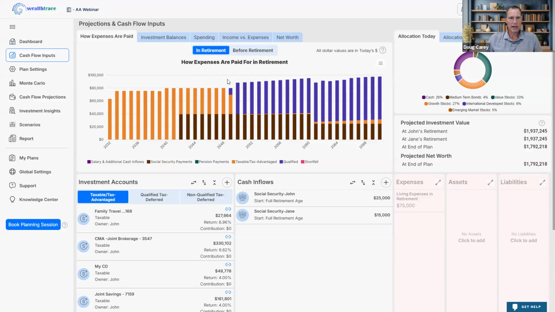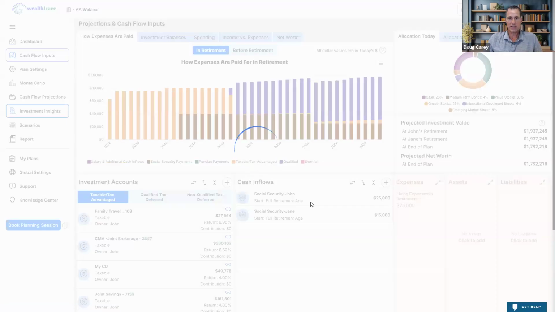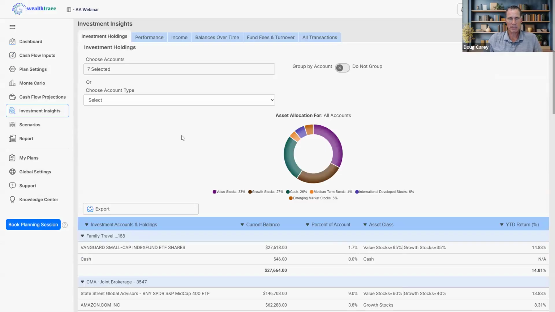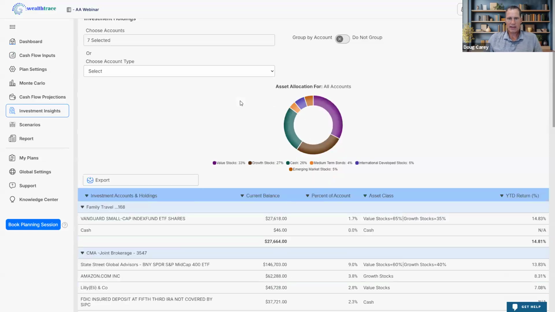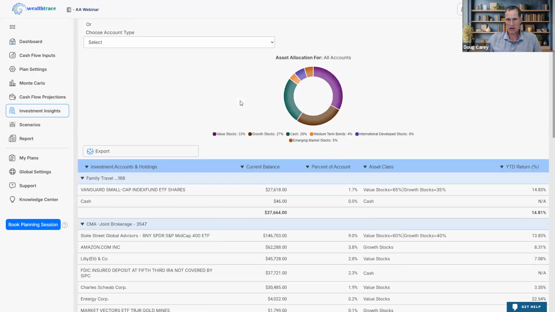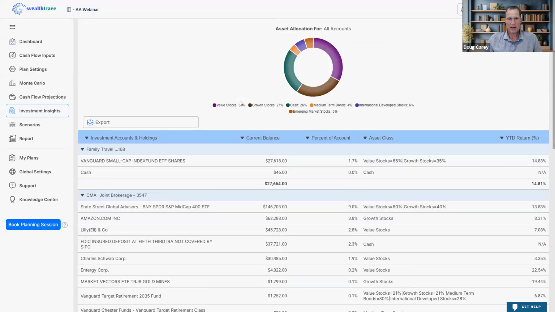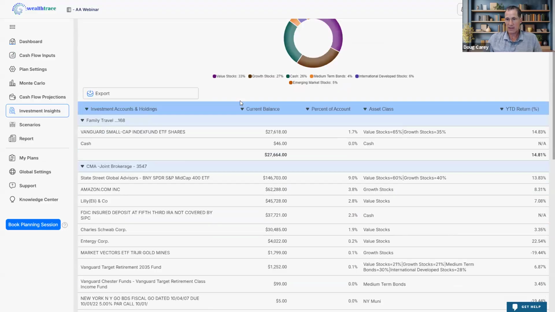Okay, so holdings. I want to start with viewing your holdings in WealthTrace. I love this screen. I use it all the time. This is under Investment Insights, and the first tab is Holdings. It defaulted to showing all the accounts in this little sample demo plan I have set up here. I really like to look at all my holdings here and see that everything is as I think it should be.